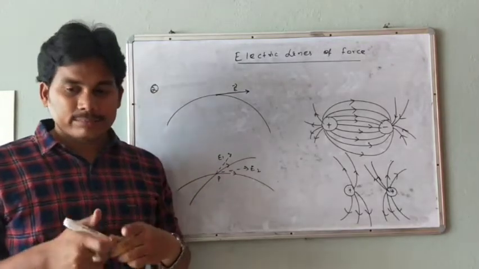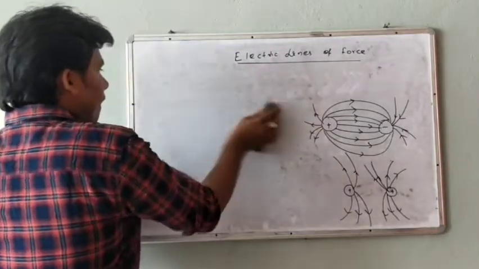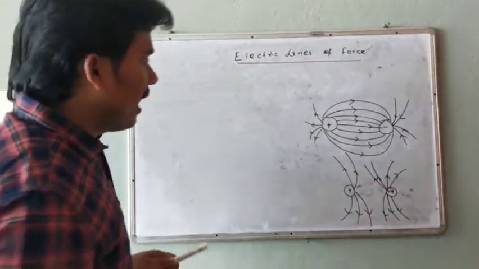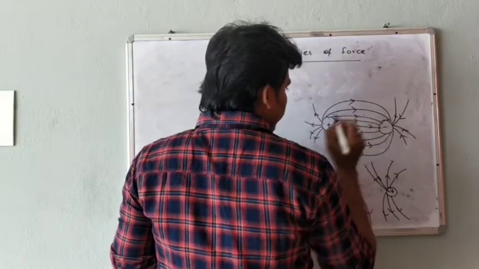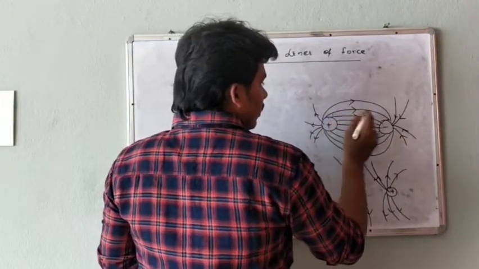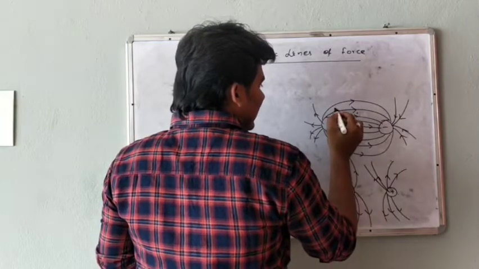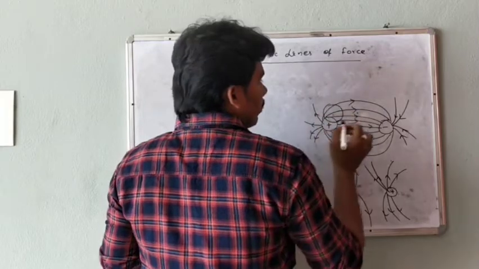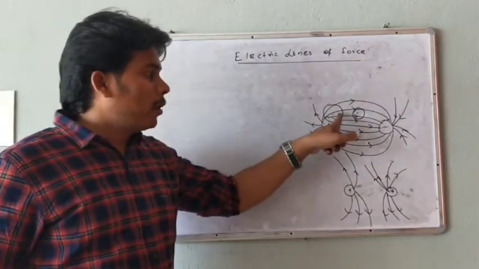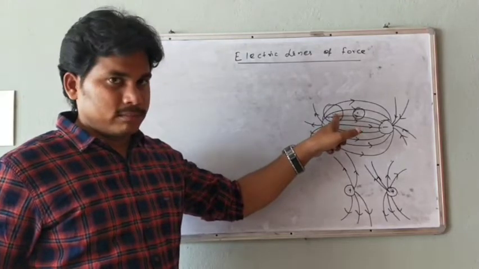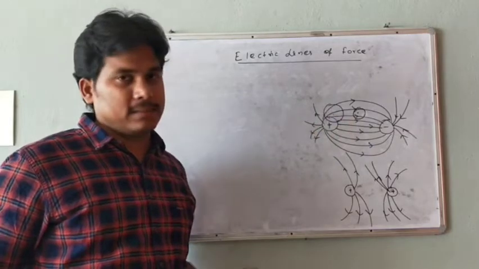And next, if I compare this point and this point, at this point the electric field intensity is more as compared to here. Why? Because the number of electric lines of force is more in this place.